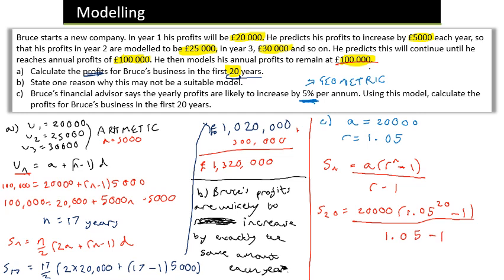And so then when you input that into your calculator, we get this. Which is obviously quite a bit less than this 1,325,000 figure.